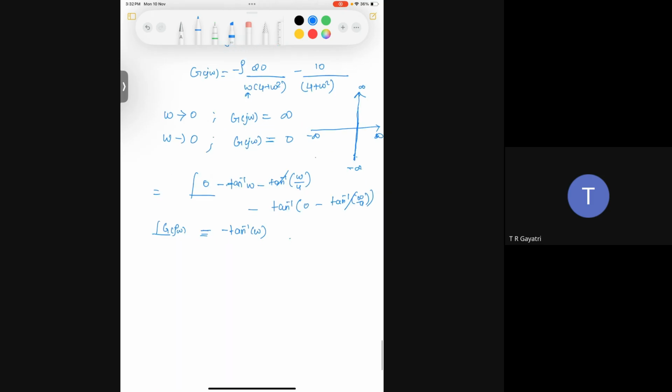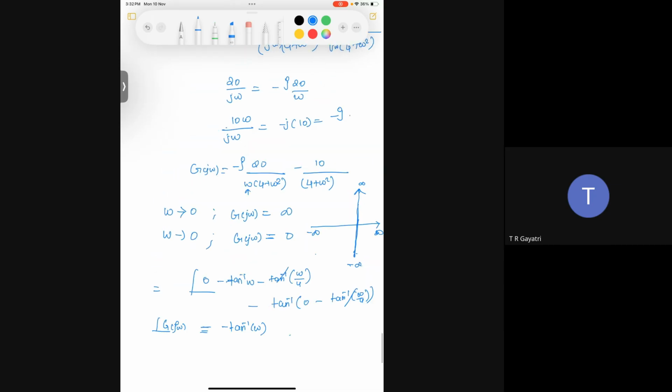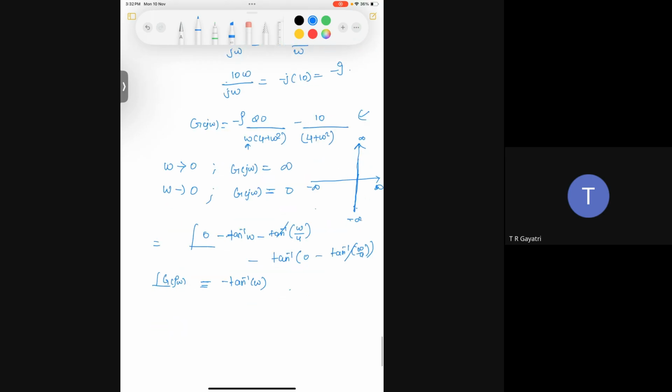I mean, the last step, can you repeat, ma'am? Just finding the angle for this transfer function. So here it will be 0. 1 minus j is there, no? It will be 90. It won't be 0. For this, j is 90, minus this will be 0 anyway. Omega will be 0.